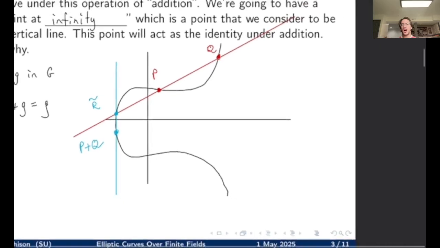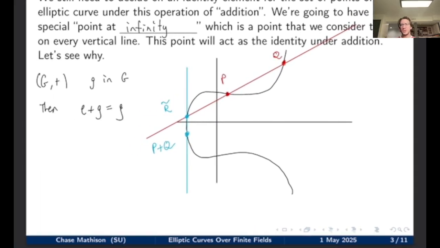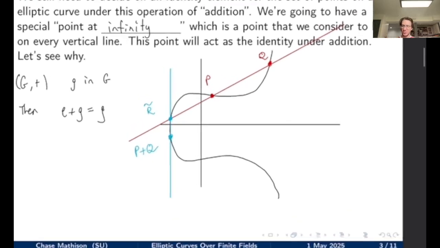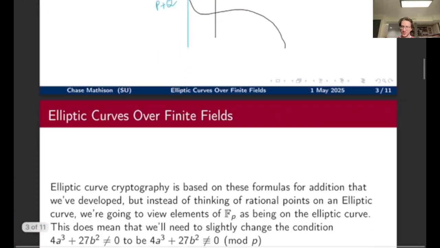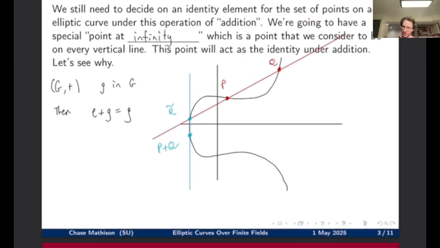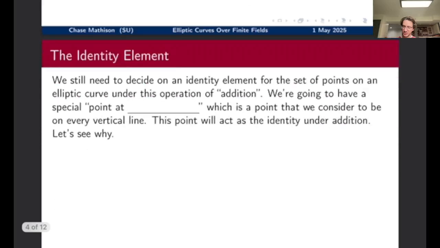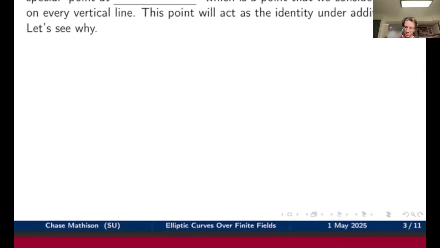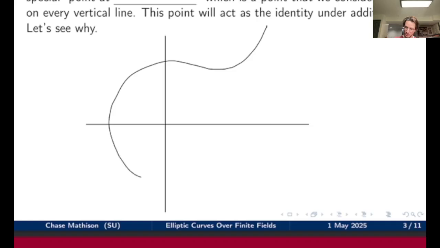Okay. Now let's see why the point at infinity is what we're considering to be the identity element. Let's say I want to find a number, or a point rather, to add to P that gives me just P back when I add P to that element.